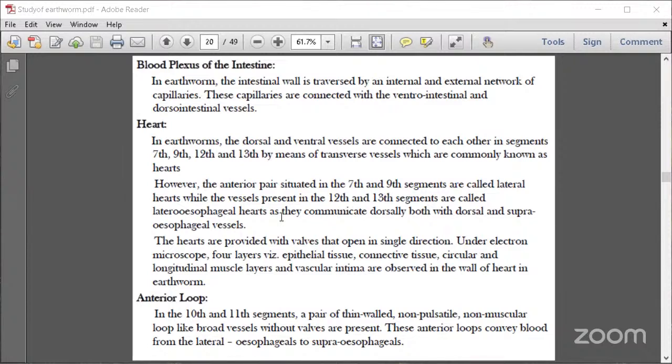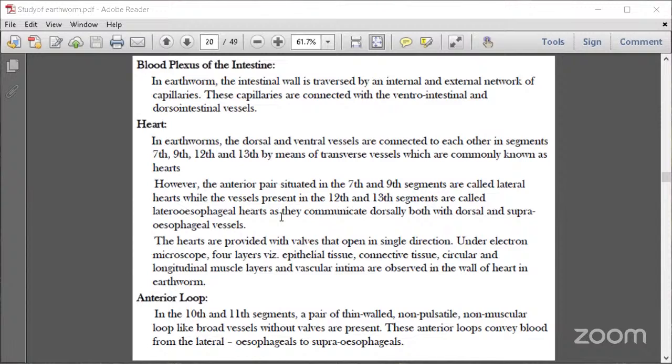Heart. In earthworm, the dorsal and ventral vessels are connected to each other in segments like 7th, 9th, 12th, and 13th by means of transverse vessels, which are commonly known as hearts.